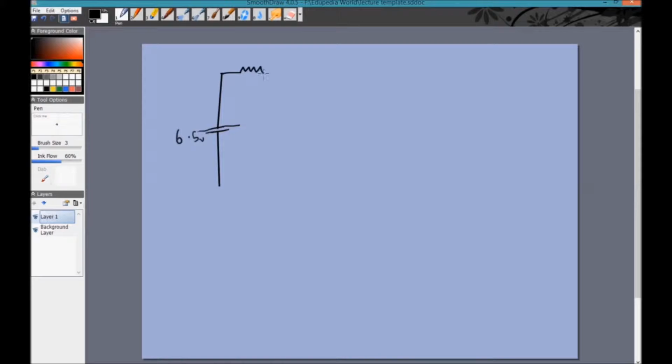Then we get one resistance, then another resistance, then a resistance here, then a resistance here, and we've got two resistances here, a resistance here, and a resistance here.